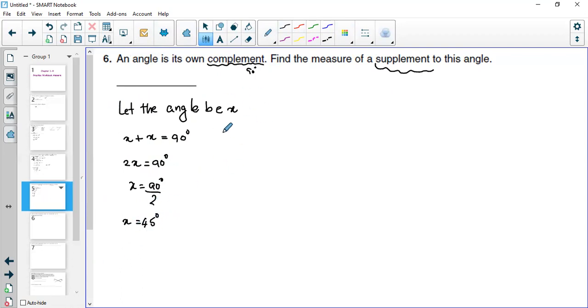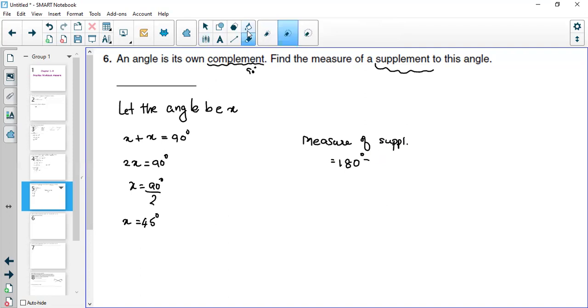Now that we found that one of the angles is 45, find the measure of the supplement. So how are we going to find the measure of the supplement? So that's going to be 180. Let me write it here. Measure of supplement is going to be 180, because supplementary is 180 minus 45. Oops. Why did the minus go up?